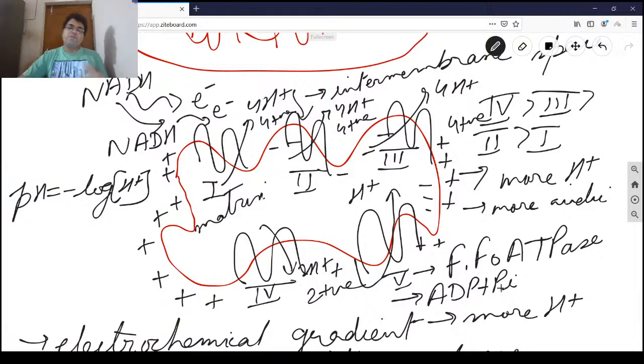Because the electrochemical gradient is high here and low here, it harnesses that potential energy to attach a free phosphate group present in the matrix of the mitochondria to the ADP, adenosine diphosphate. So adenosine diphosphate will be phosphorylated to produce an ATP molecule. That is how ATP synthesis is done in the mitochondria. That is the overview of this process.